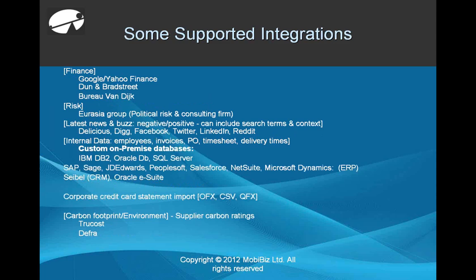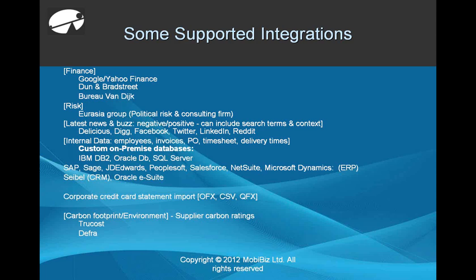Here's an example of some of the supported integrations that we already have. As you can see, it's based on the type of data we want to extract for enrichment. For finance, we extract data from Google, from Yahoo, from D&B. Dun & Bradstreet is where the cross-sell project is getting data from.